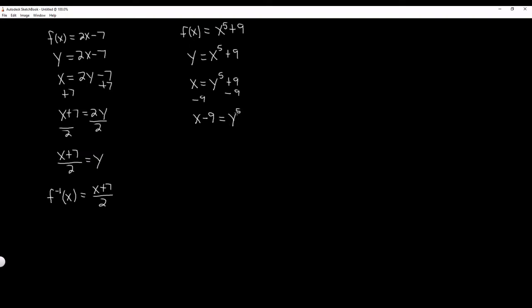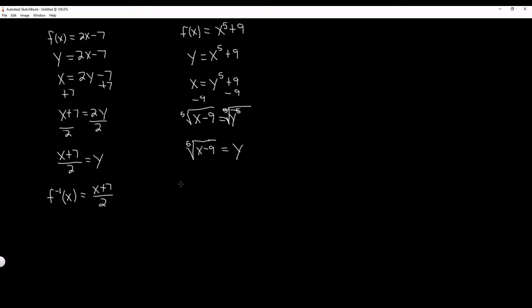And then we have y to the 5th here, and in order to solve for y, we have to take the 5th root. So this will be the 5th root of y, and we'll take the 5th root over here too. And the 5th root and the power of 5 cancel, so we get the 5th root of x minus 9 is equal to y.